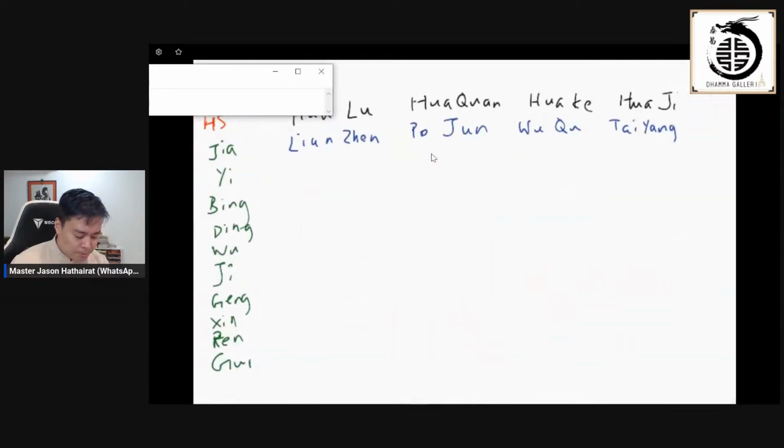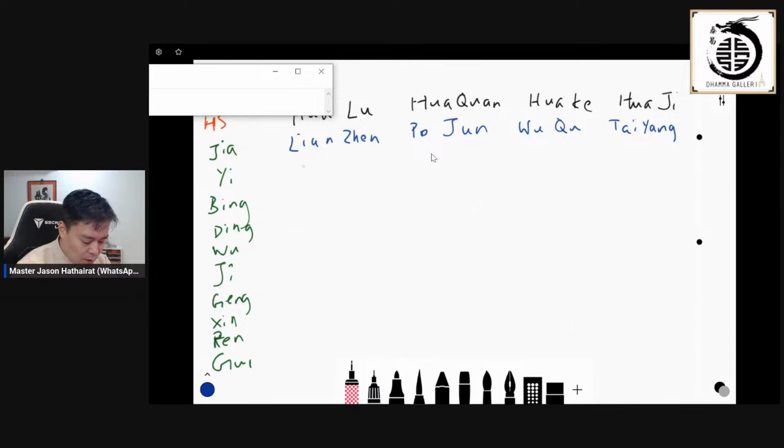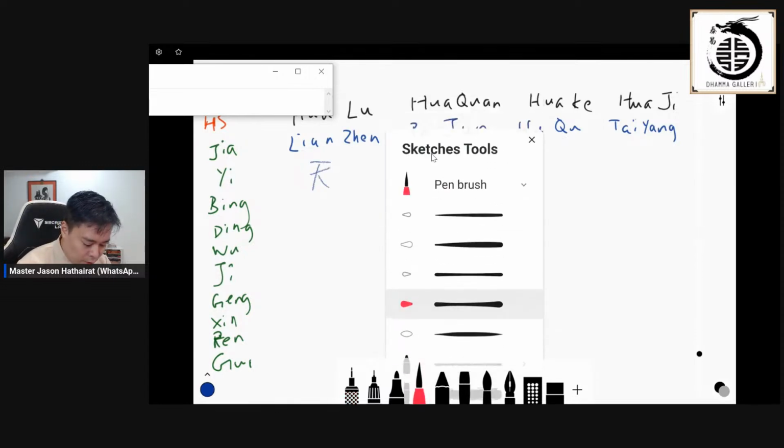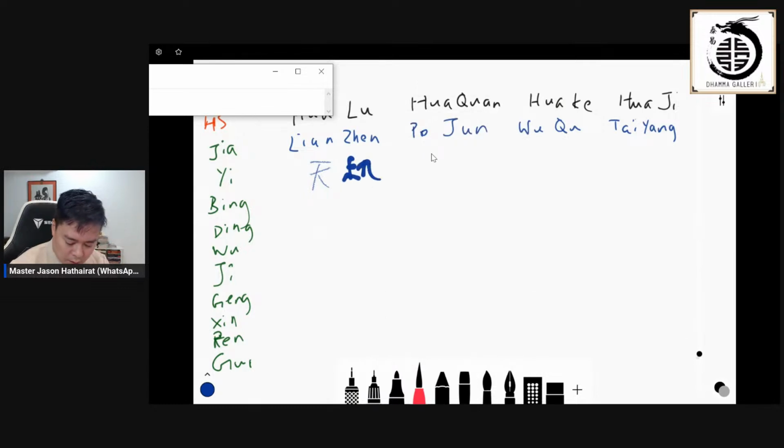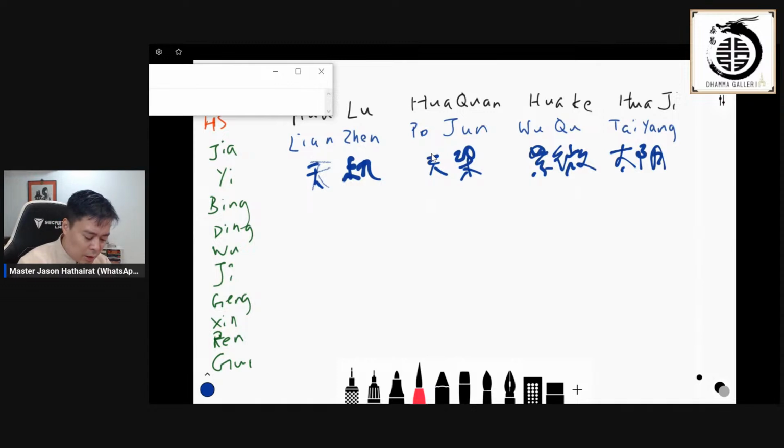For example, this is 天机, 天机天梁, followed by 紫微, followed by 太阴. All of these you have in your study notes, so I will not elaborate further.